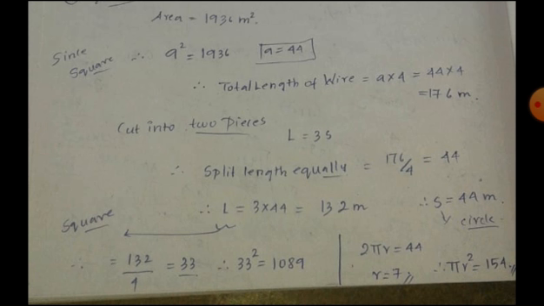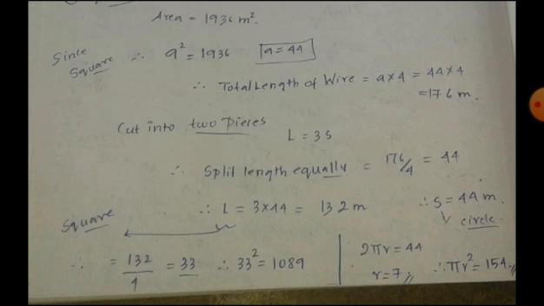We are getting 44, therefore one part is 44. This is like 4 parts. From this we can find that 3 into 44 will give 132 meter, which is the length of the longer piece. Similarly, the small piece is 44 meter.